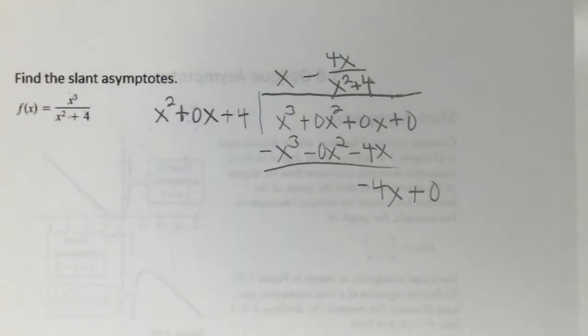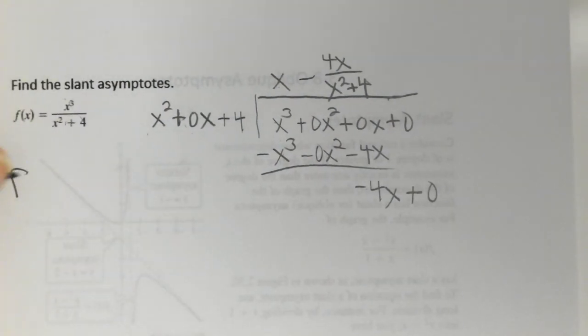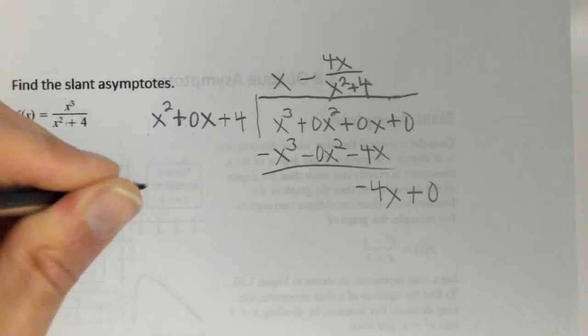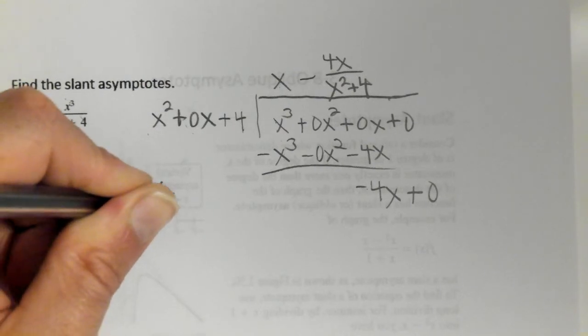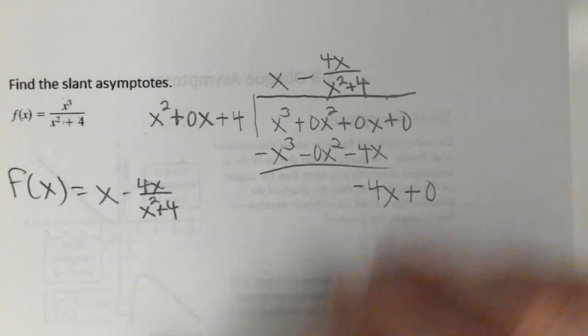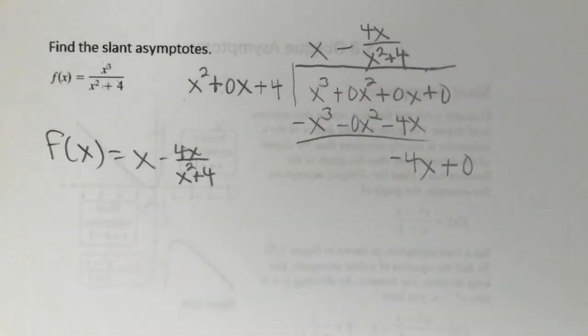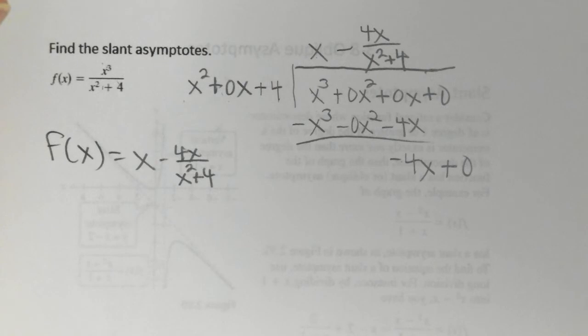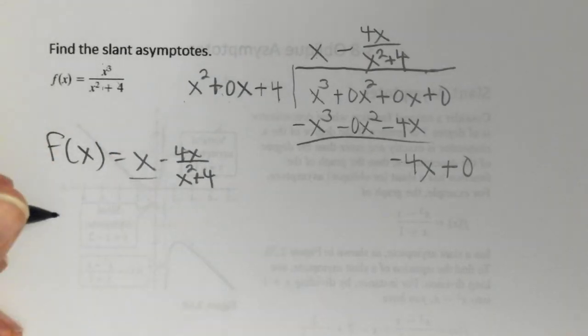That's your remainder. Now, I can rewrite the function as f of x equals x minus 4x over x squared plus 4. Remember, as x approaches infinity, when it's really large, we can say that this portion x is going to be your slant asymptote.